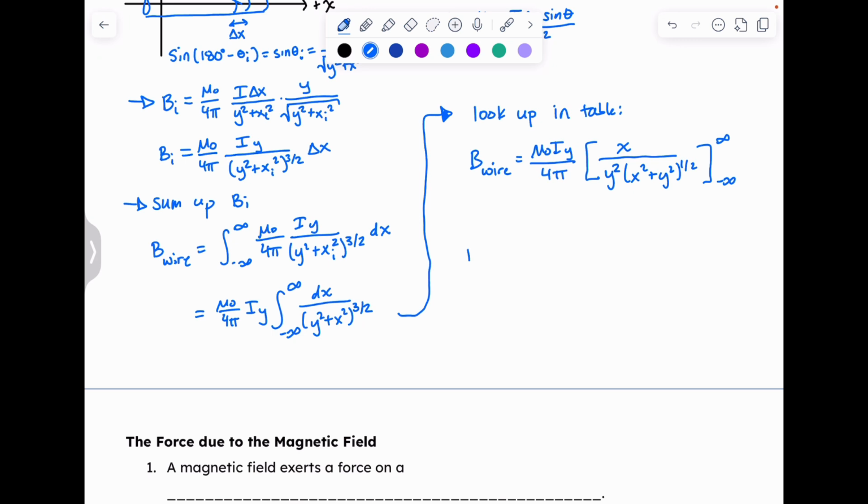This will simplify to mu naught I over 2 pi y. So mu naught times the current over 2 pi times the distance from the wire. And this is our field due to a wire. So we actually get a 1 over y decrease in magnetic field strength as we move radially away from the wire.